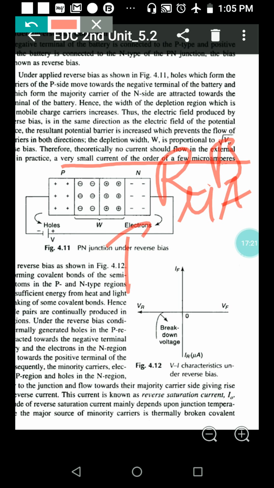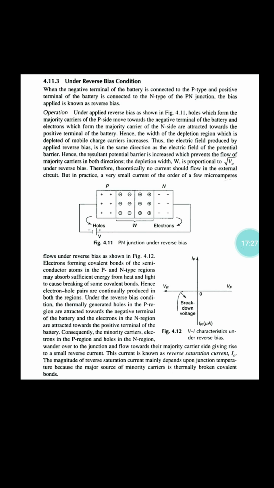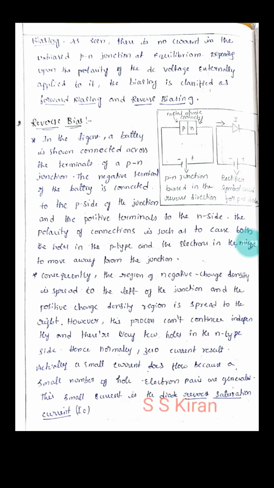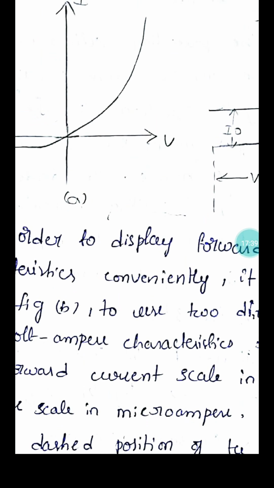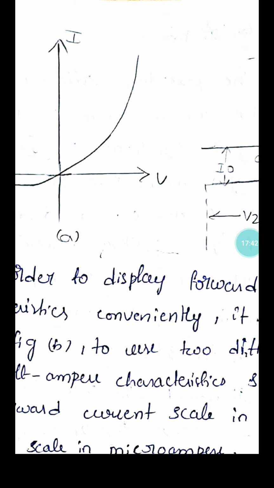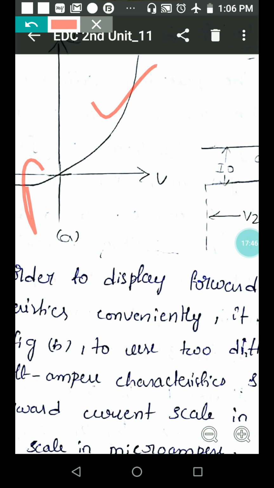And for forward bias, milliamperes. Now our concept is the volt-ampere characteristics in forward bias and reverse bias. This is our actual topic. So see here, you can understand how I draw these graphs. This is for forward bias, and this is for reverse bias.